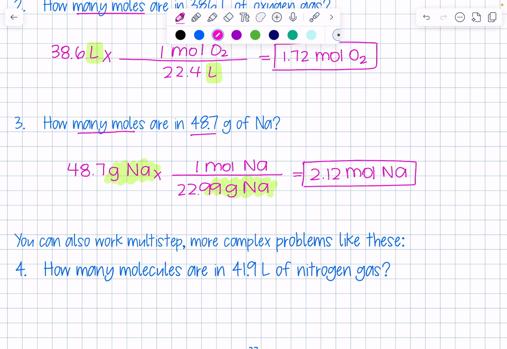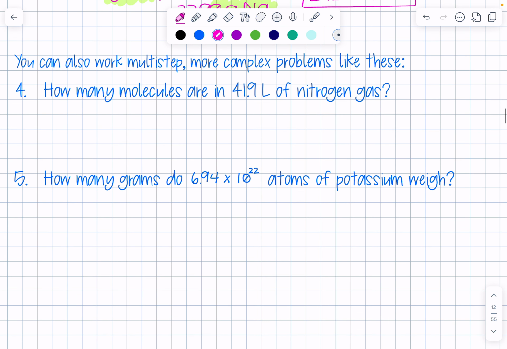All right, now we can also do a multi-step, more complex problem. And this is where we can come into and out of our standard stoichiometry problems, which you may or may not have covered at the point where you are watching this video. But this is a way that we can build into it and use multiple conversion factors. Okay, so I'm looking at molecules and liters.